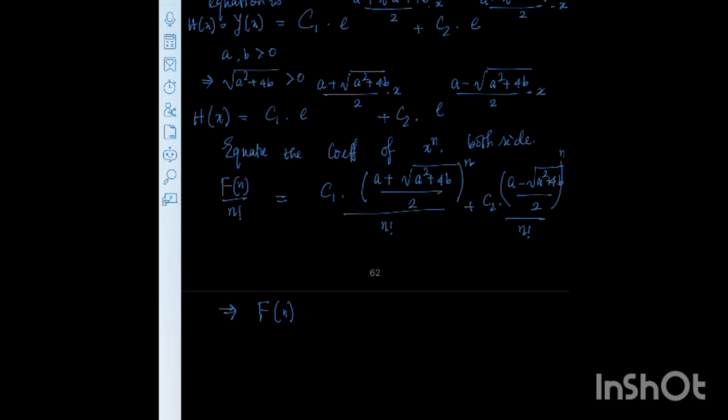So what is f(n) then? f(n) is c1 times ((a plus root of a squared plus 4b) divided by 2) to the power n, plus c2 times ((a minus root of a squared plus 4b) divided by 2) to the power n.